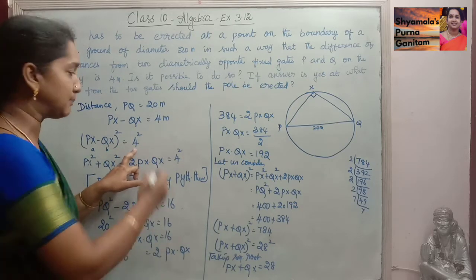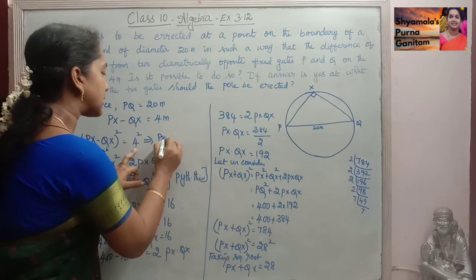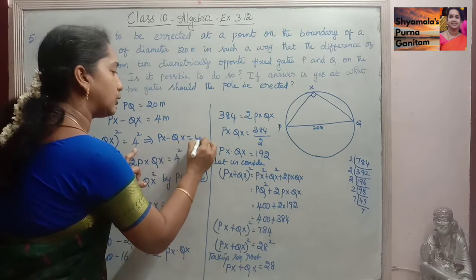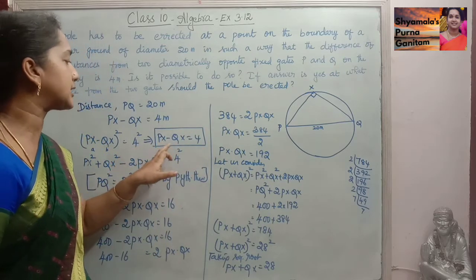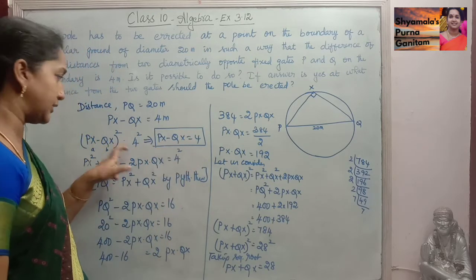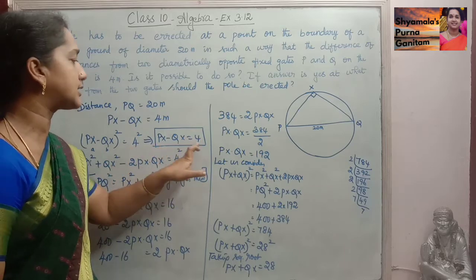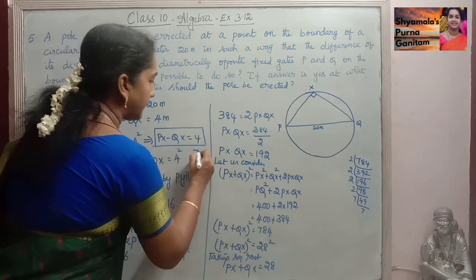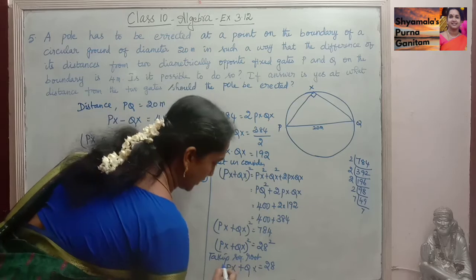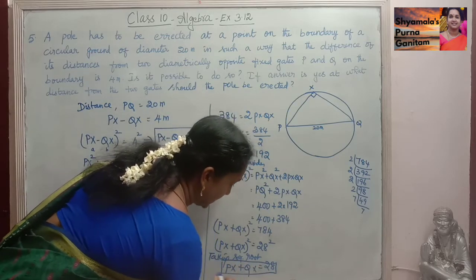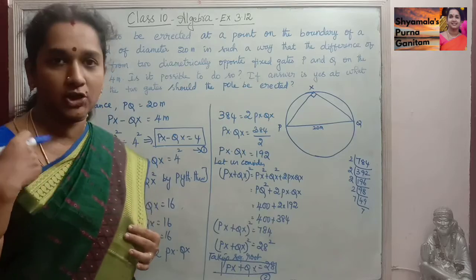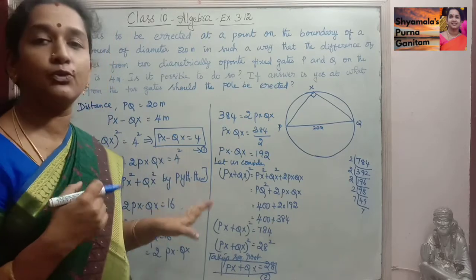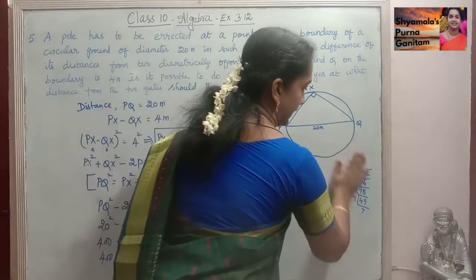So this can be simplified as px minus qx is equal to 4. So now we got this one, we'll take it as first equation and this one we'll take it as second equation. So when we solve these two equations, we'll get the value for px and qx separately.